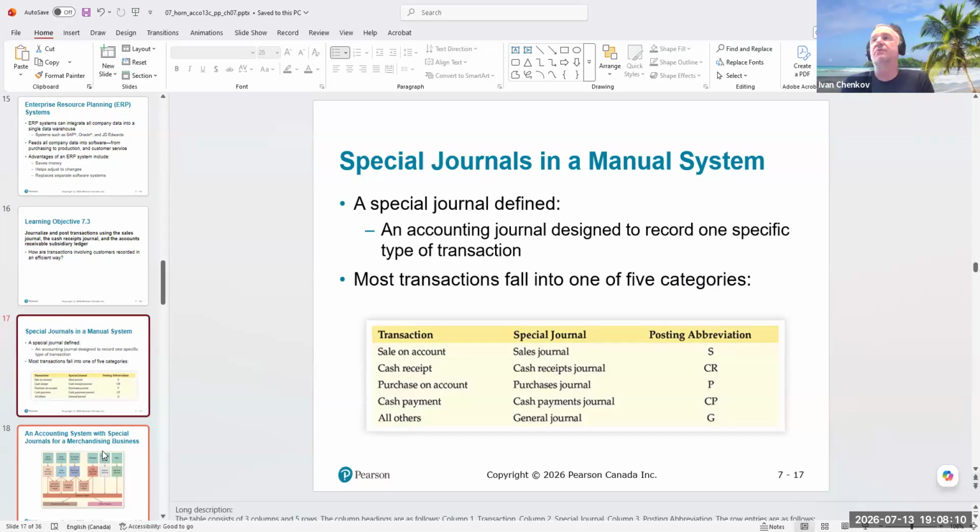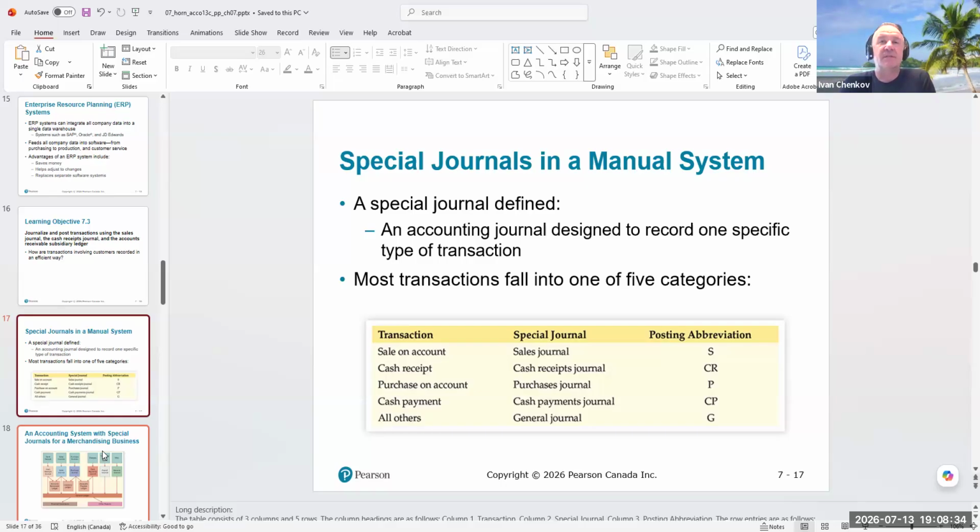Now, most of the transactions are going to follow one of those 5 categories. Those 5 categories will be tested on the final exam, just to let you know. You're going to have a transaction and you have to decide which one of those 5 categories that transaction should be recorded in. So, for example, a sales on account transaction is going to go to the special journal called the sales journal.